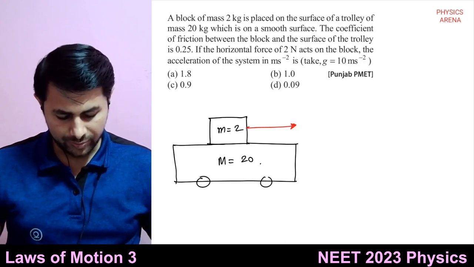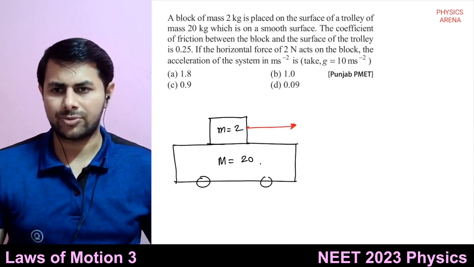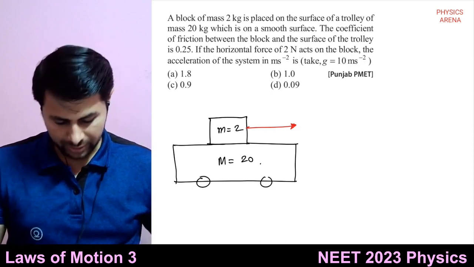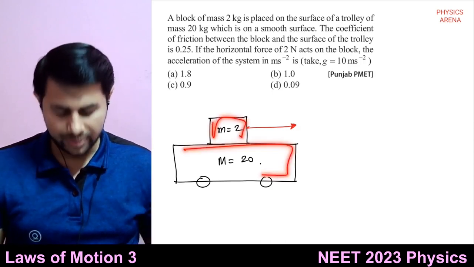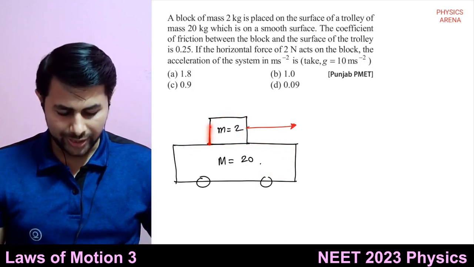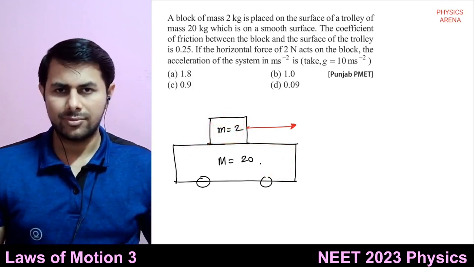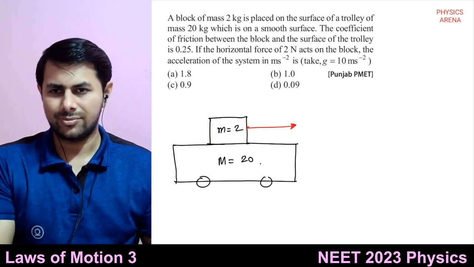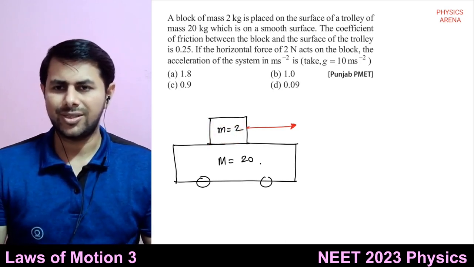But if it is less than the frictional force, then the friction will hold this block on the trolley, so the block cannot move. That means the block as well as the trolley will move. You got this?